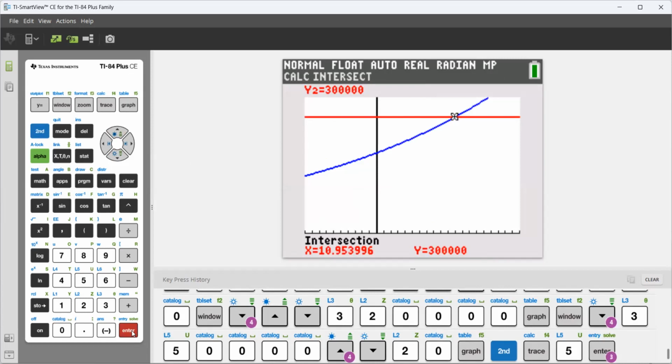Oh yeah, 10.95. 10.95 for x, that's what I have. So the question says, in what year will the population reach 300,000? Now my t is 10.95. Let's go back.